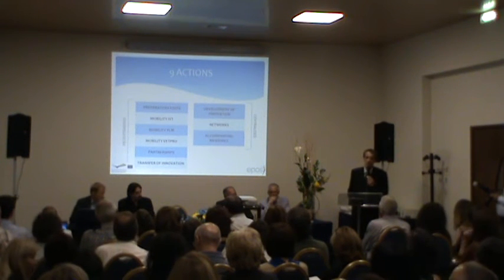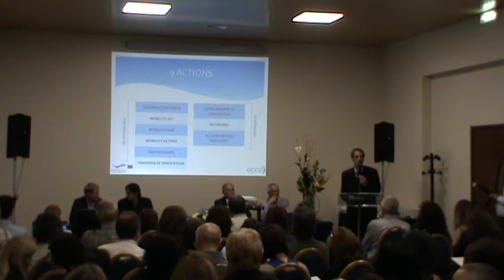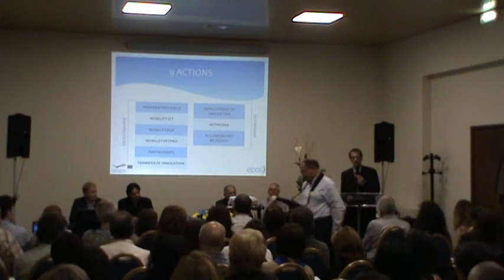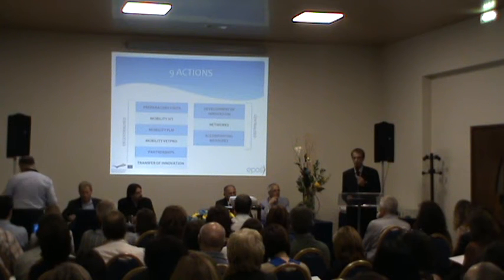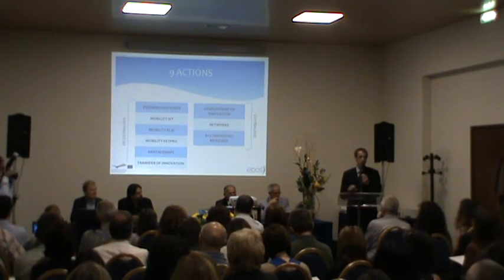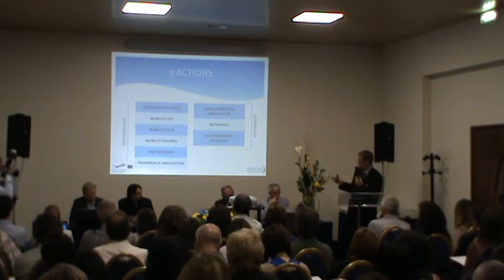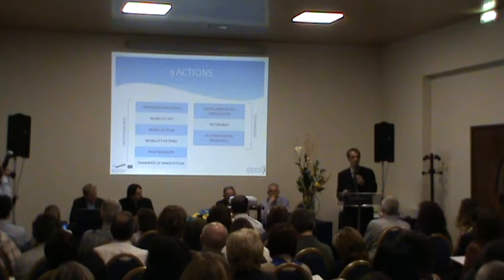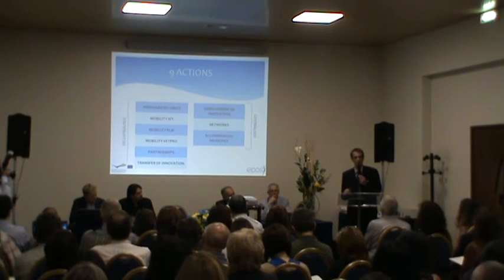Of course, all these things, the approach to it, it has to be structured in a certain way. And as you can see, there are 9 different actions in the Leonardo program. And they are split up in 2 groups. On the one hand, you have what we call decentralized actions. And they are for you on your left side. And decentralized actions, this only means that it has to do with the procedures that has to be followed.